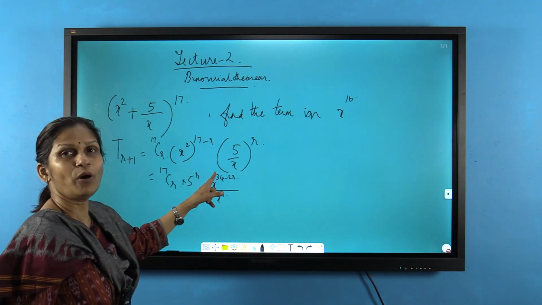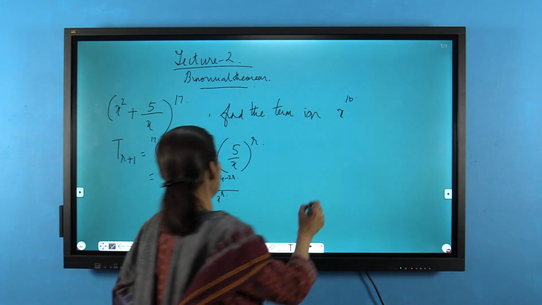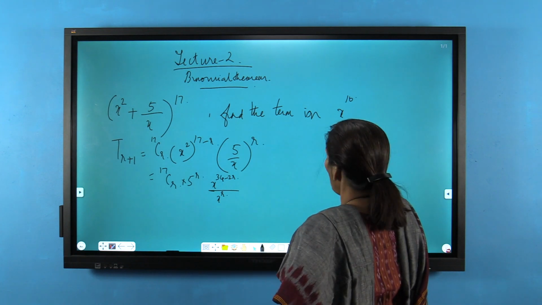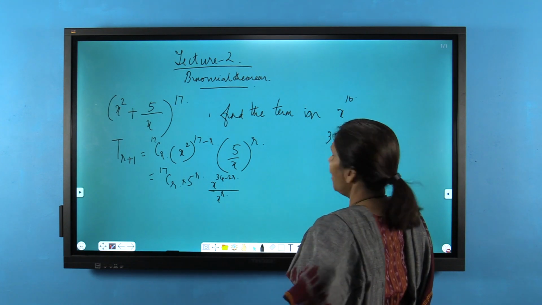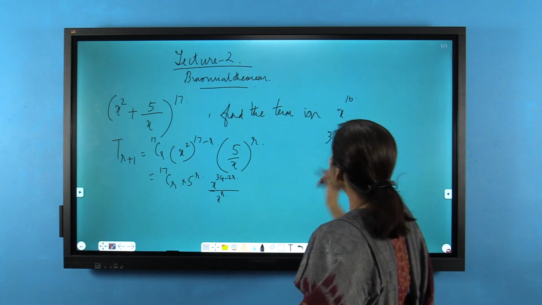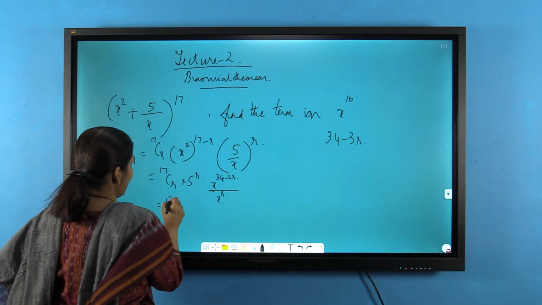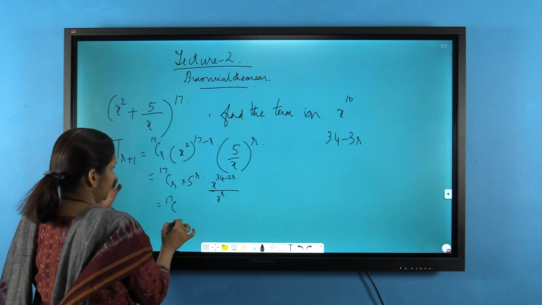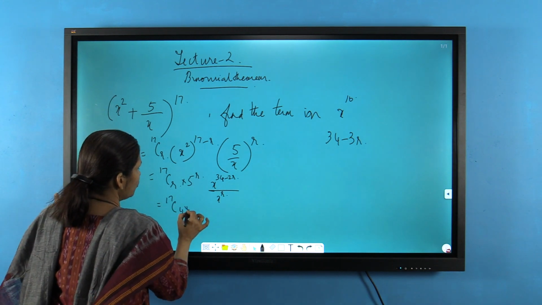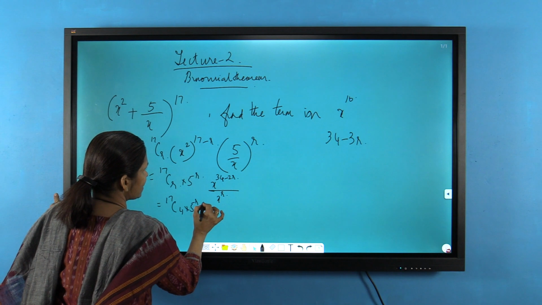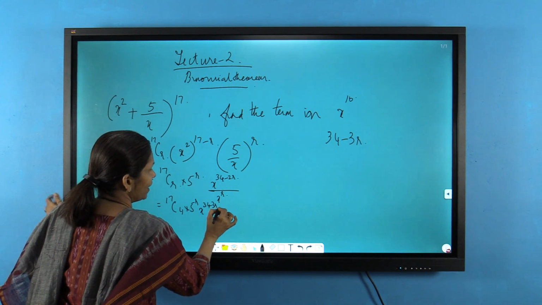So, what is the power of x in a general term? Isn't it 34 minus 3r? So this is 17cr into 5 raised to r into x raised to 34 minus 3r.